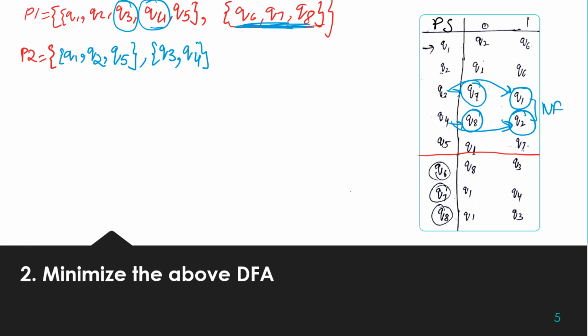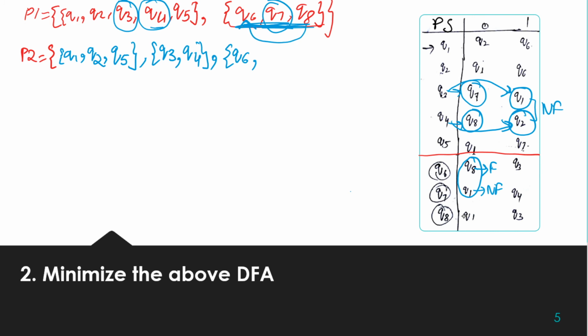Next, checking the compatibility of Q6 and Q7. From Q6 and Q7 we are getting Q8 and Q1, and Q8 and Q1 are part of different groups in the previous partition, as Q8 is part of the final state group and Q1 is part of the non-final state group. So we cannot keep Q7 with Q6. Now let's check the compatibility of Q8 with Q6.